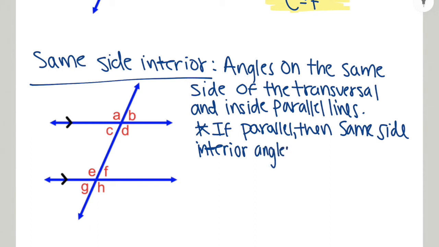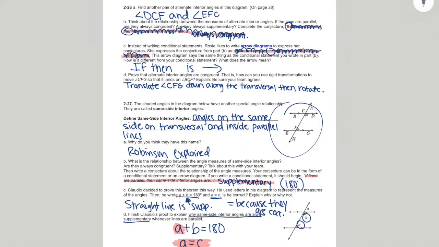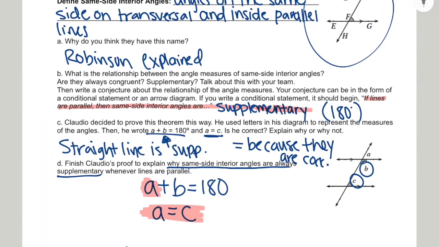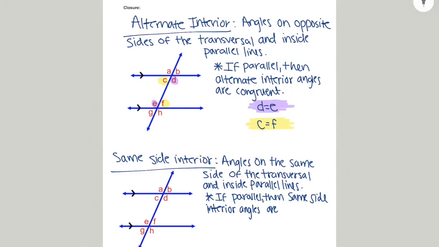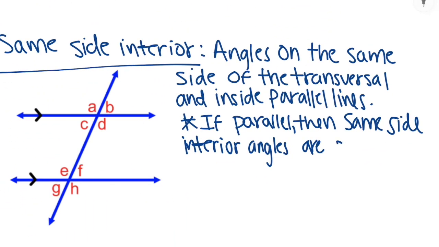angles are. Now this is where we have to be careful because everything's been congruent, corresponding, vertical, alternate, they're all congruent, but this isn't. So going back to what we just did, we decided that these add to 180. So we're going to write supplementary, adds to 180.